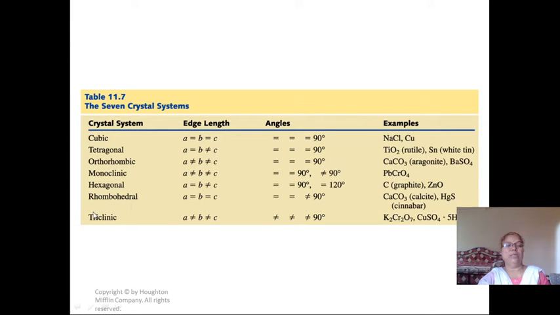The specific characterization of the triclinic structure: A is not equal to B, is not equal to C, and alpha is not equal to beta, and not equal to 90 degrees. In the rhombohedral structure, A equals B equals C. In the hexagonal structure, A equals B, but B is not equal to C. In the monoclinic structure, A is not equal to B, is not equal to C. In the tetragonal, A is equal to B, but B is not equal to C. Only in the cubic crystal, A is equal to B is equal to C.